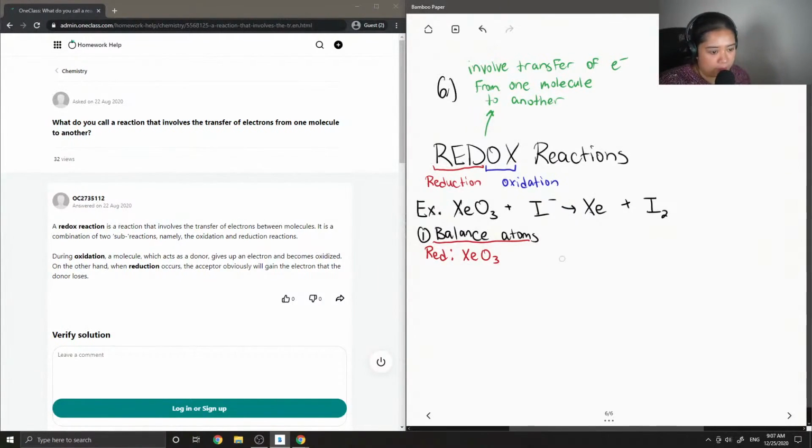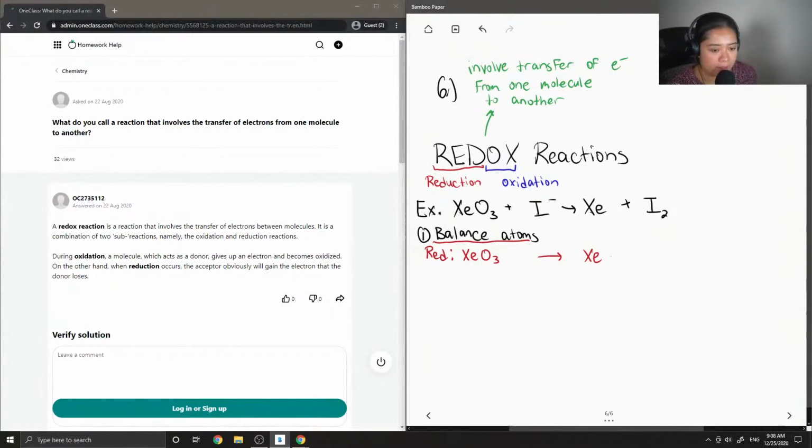Give myself some space. And we need to balance the atoms. So assuming that this reaction takes place under acidic conditions, when we need to add oxygen, we would add molecules of water. And when we need to add hydrogen, then we just need to add some protons. So here our reactant side has 3 oxygens and our product side has none.